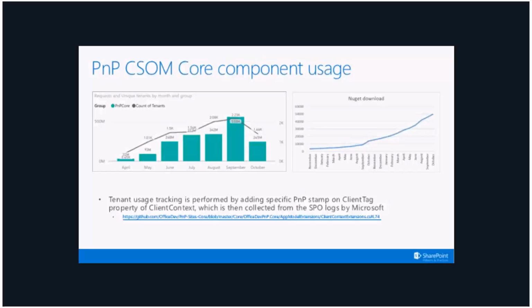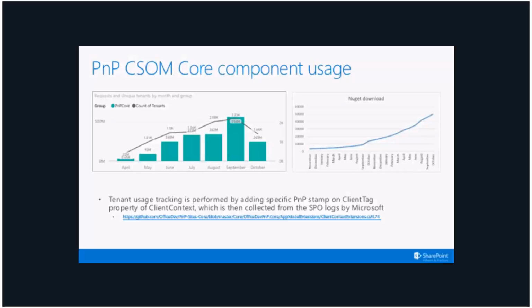Within this chart, you can also see that October is already at 1.4, or 1,440 or slightly above, tenants. So already in 10 days, counting from yesterday, we've had more than 1,400 tenants using the core component. And the HTTP requests in September were 558 million requests going through the PMP CSOM core component towards SharePoint Online.